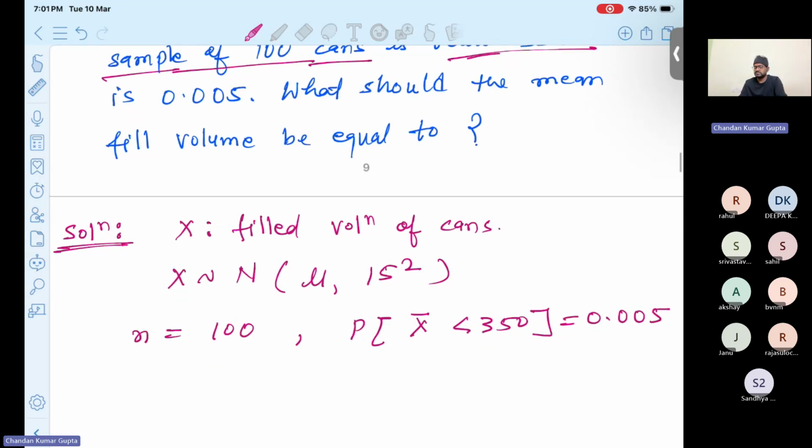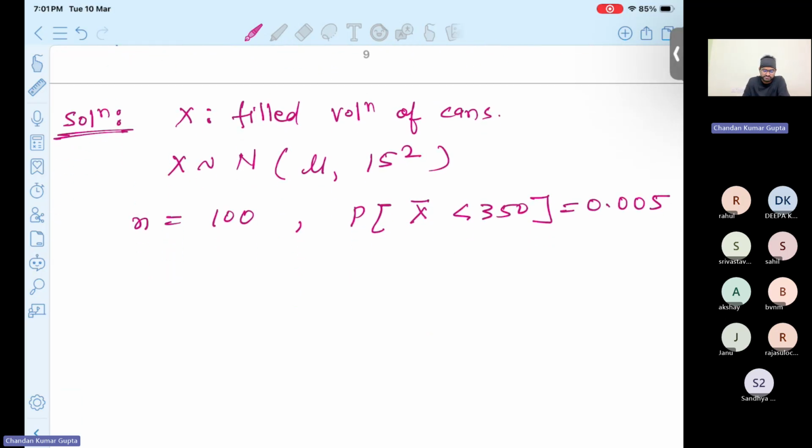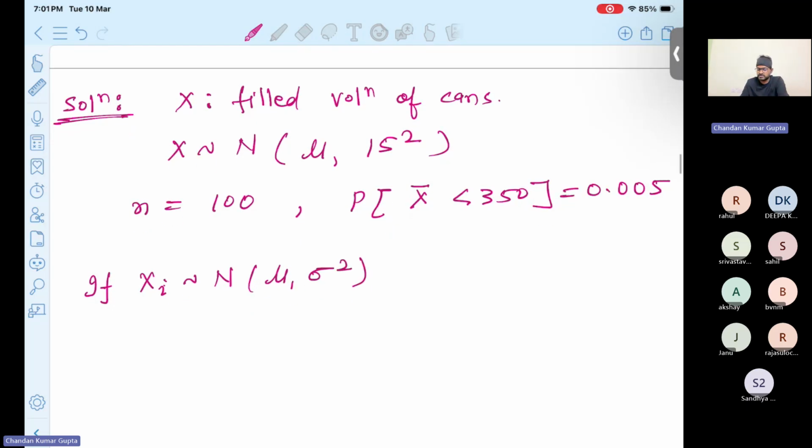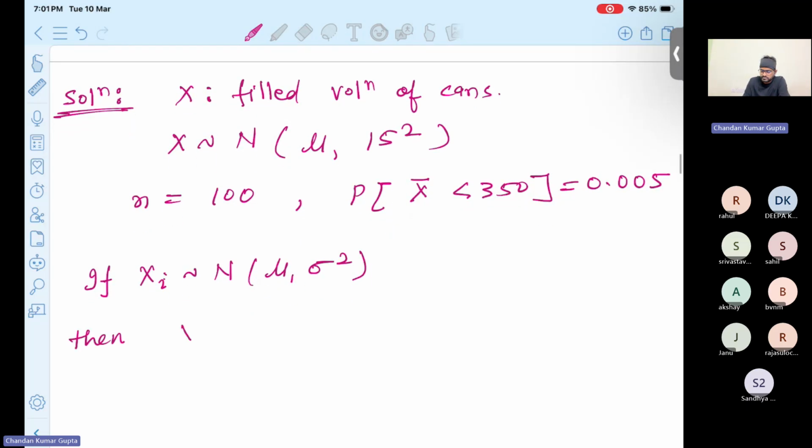X bar is the mean of a sample of size 100. Okay, so these are the information we are given. Now we have one more property of normal distribution: if xi follows normal with mean mu and variance sigma square, then x bar follows again normal with the same mean mu and variance sigma square by n.